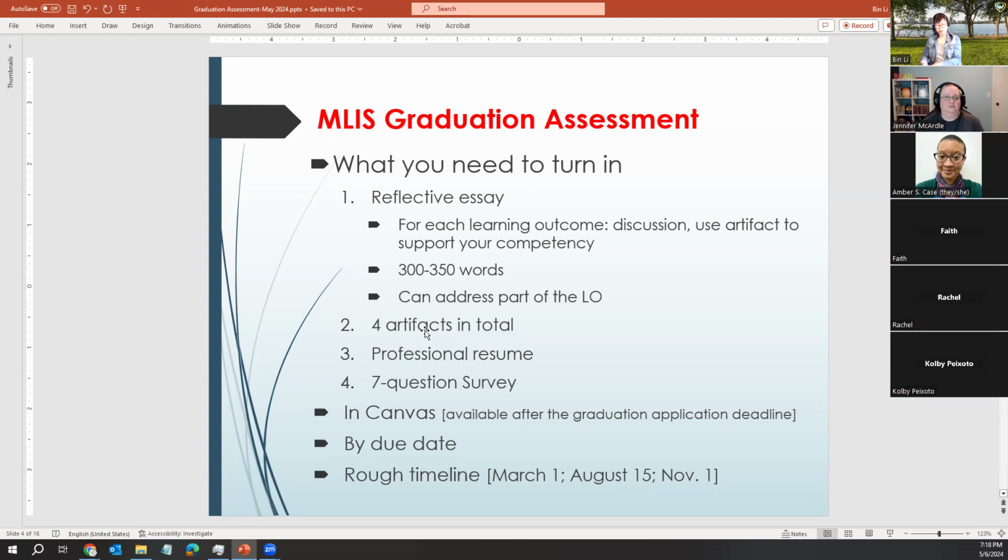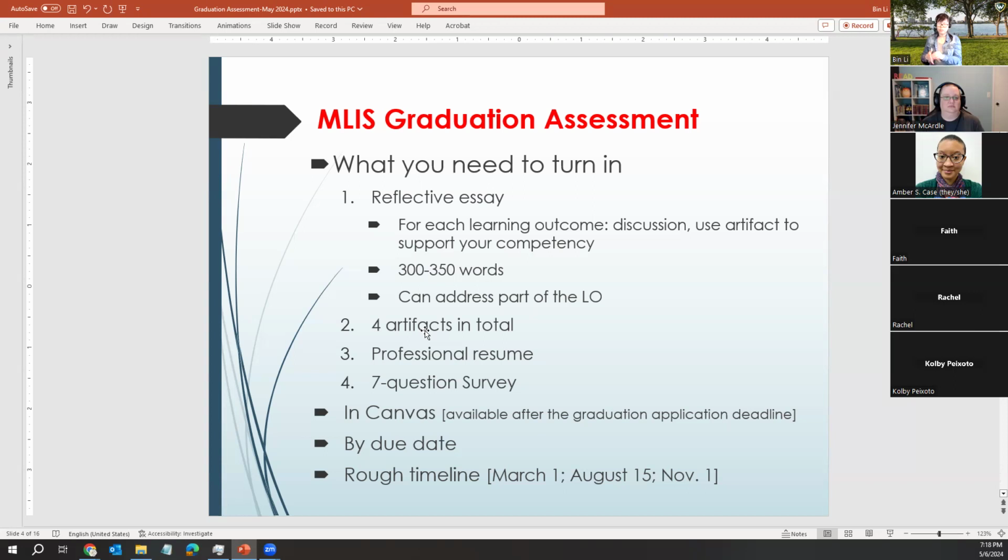We just see how you tie the artifacts to the essay. We will grade the essay, but not the artifact, because your instructors in that class should already have reviewed your artifacts or assignments. We will just see how your discussion tied the artifacts to the learning outcomes.